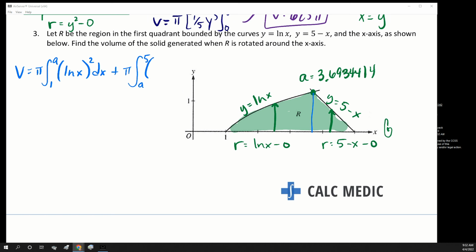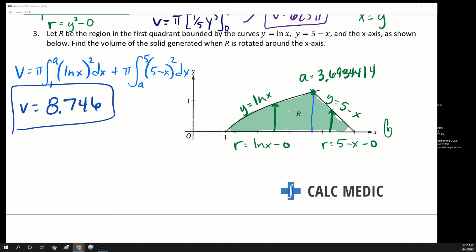And it's going to be 5 minus x squared dx. Right. And if it's a calculator question, do not try to find these integrals by hand. You could. It's not that difficult to square that and find the integral, but if you do it in the calculator, it's fine. I mean, if it's a calculator question, they don't care if you can do it by hand. They want you to be able to type it in. So that would be the volume of that revolution.